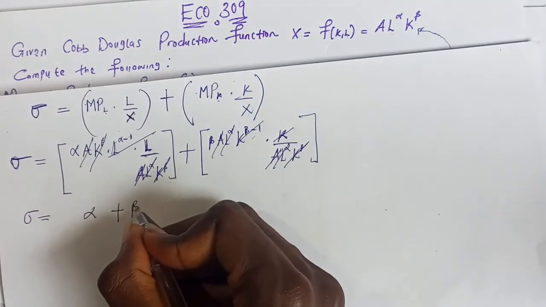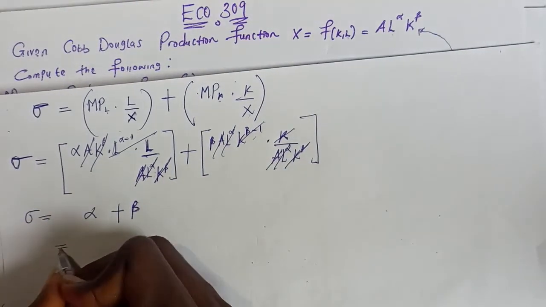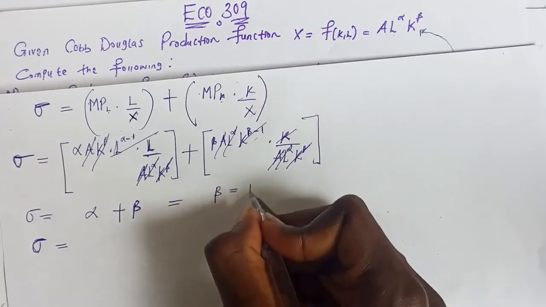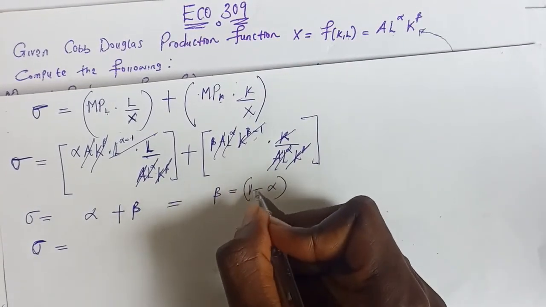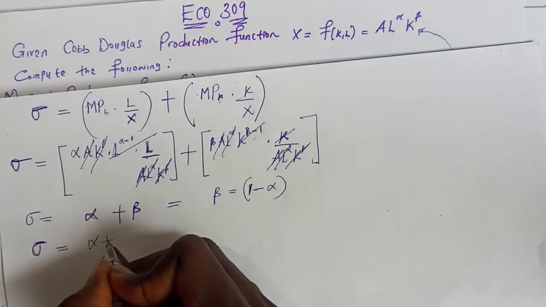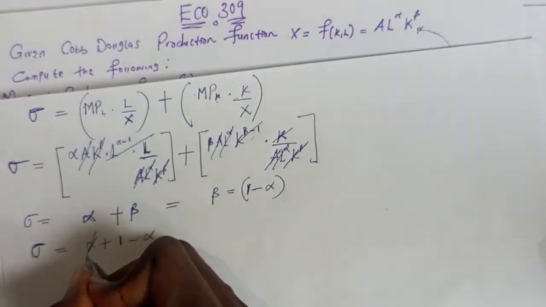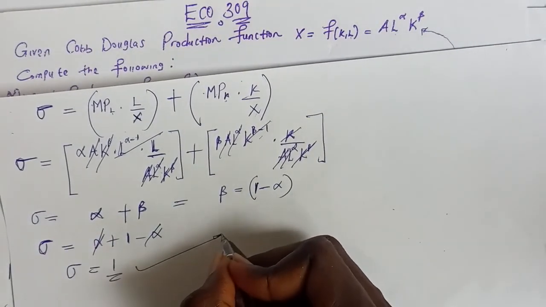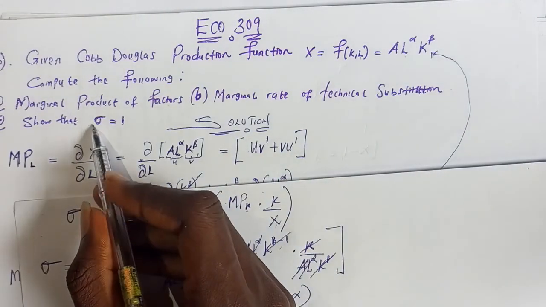Then I will end up having beta also, so it is satisfied. And you have to take note that in this case, beta is always equal to 1 minus alpha. So we end up having alpha plus 1 minus alpha. Hence, sigma is equal to 1. So that shows the proof for sigma equals 1.